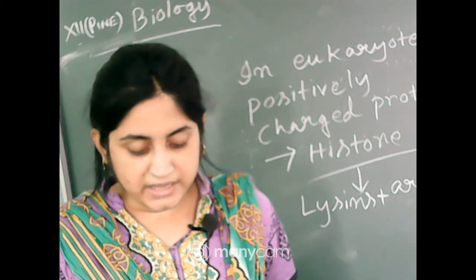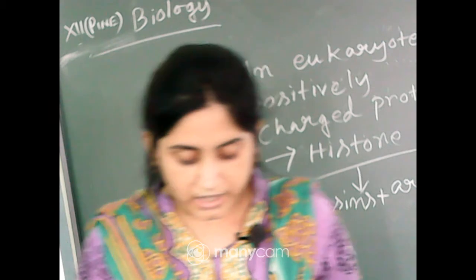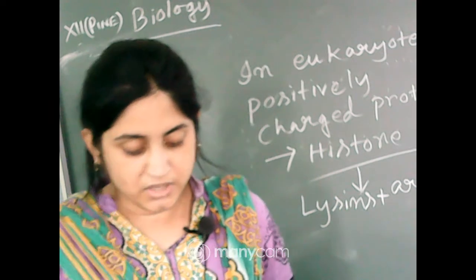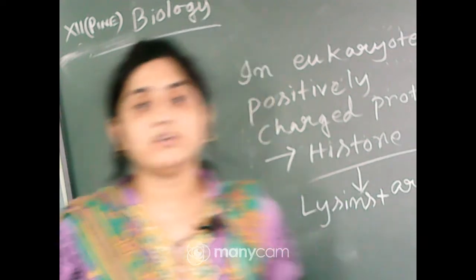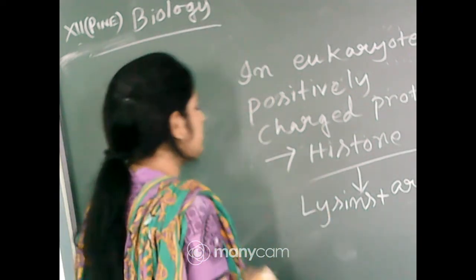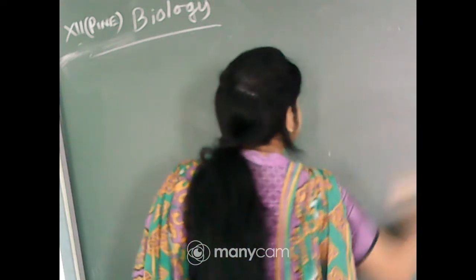Histones are organized in the form of a unit of 8 molecules called the histone octamer. So the histones are rich in amino acids, that is lysines and arginines. Which amino acids help to form the histone protein? Lysine and arginine. And DNA is negatively charged, but histone protein is positively charged.